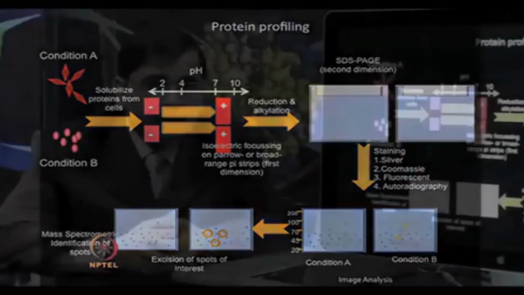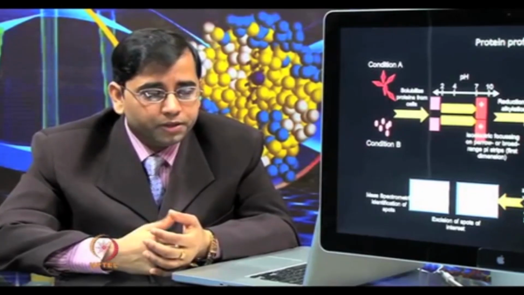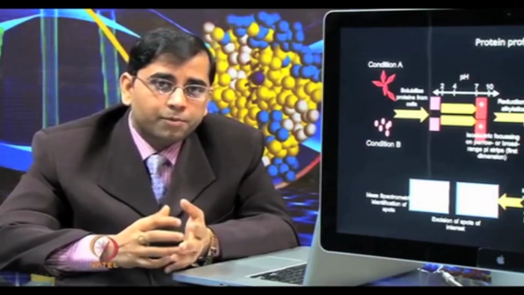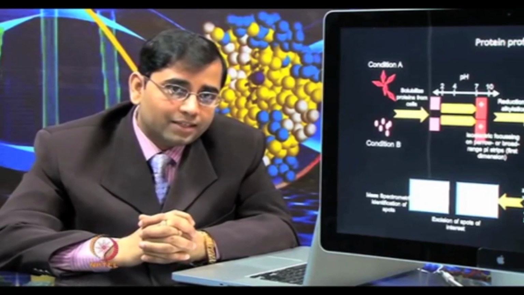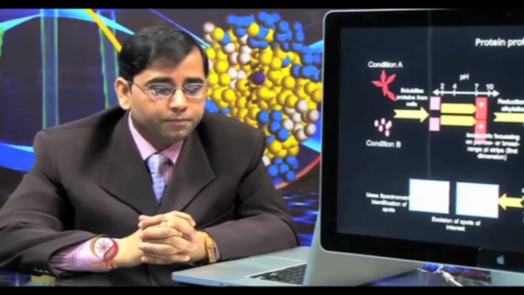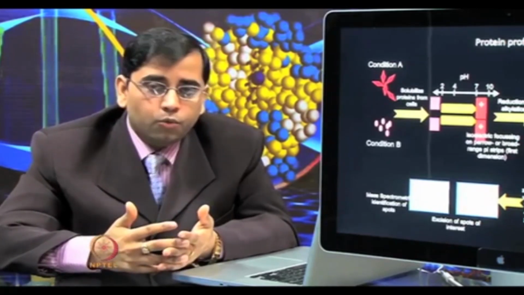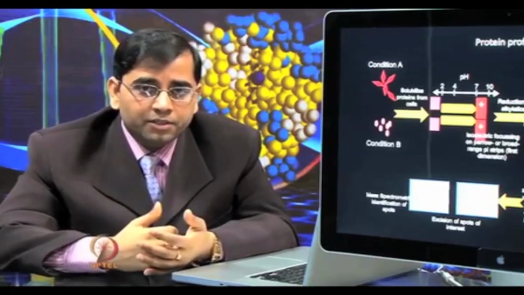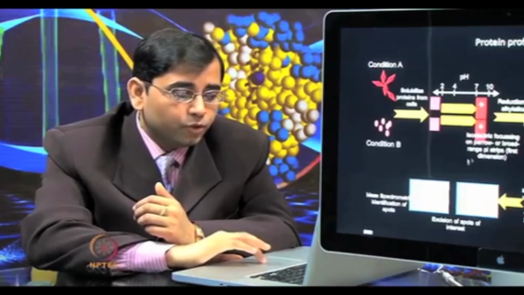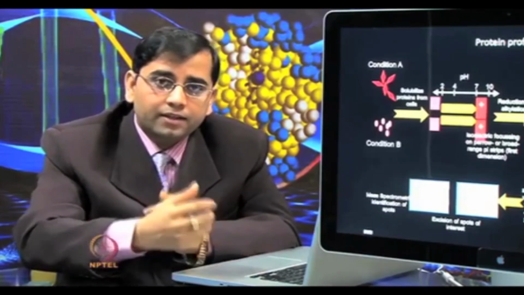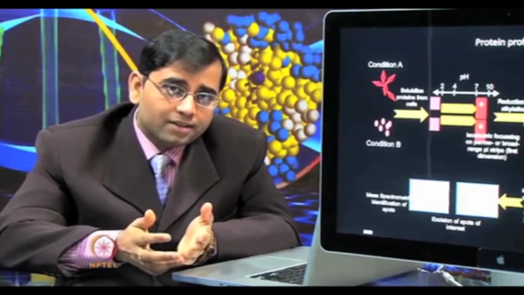Depending on your staining method, whether Coomassie brilliant blue, silver stain, different types of fluorescent stains or autoradiography, you can visualize the protein spots. Now, one can compare these images from condition A to condition B, and if there are some proteins which are different in their expression, those can be the proteins of your interest.